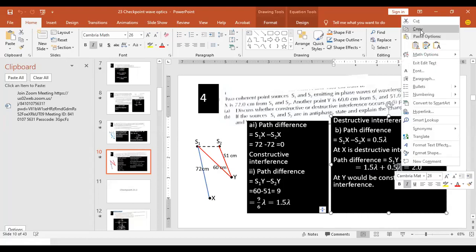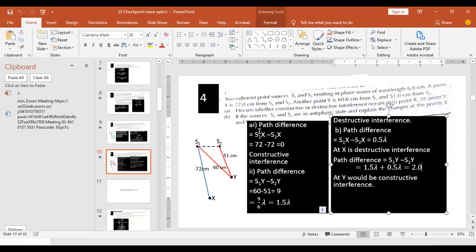Any comment? Anything to ask? Antiphase means what? Say a bit louder. Antiphase means 180 degrees out of phase. Which means if 180 degrees, that means what?